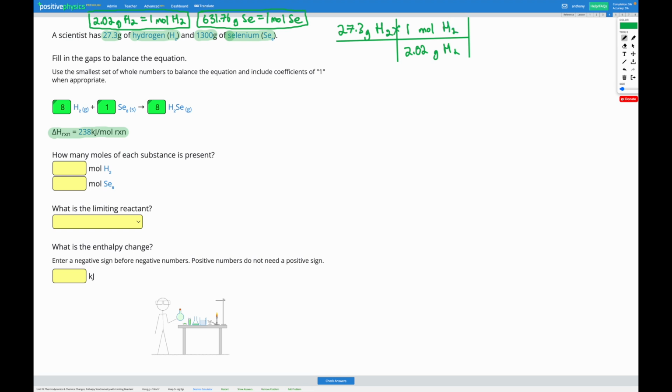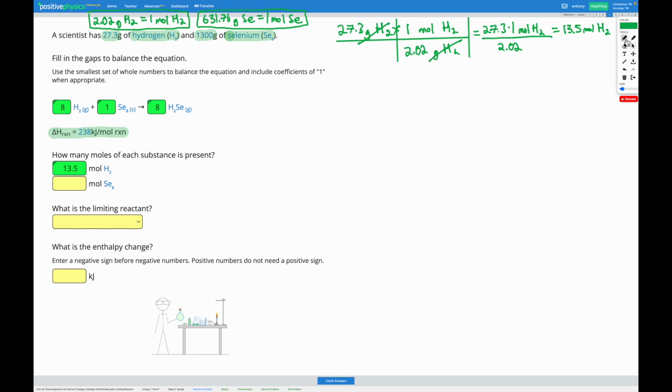So if we multiply everything on the top, cancel our grams of H2 and divide top by bottom, we're left with 27.3 times 1 mole of H2 divided by 2.02, which gets us 13.5 moles of H2. We can fill that in over here.